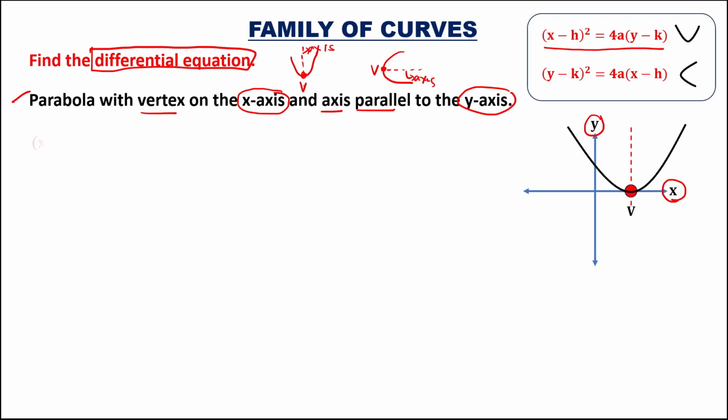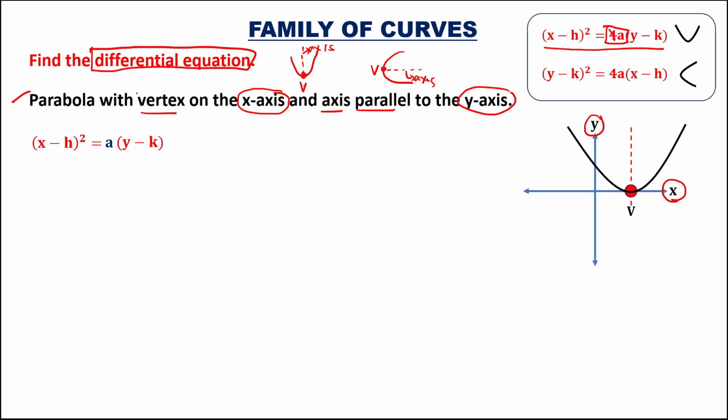So we have the quantity x minus h to the power 2 equals, since 4a is a constant and the derivative of a constant is 0, we can drop this 4. So we're going to use a times y minus k.